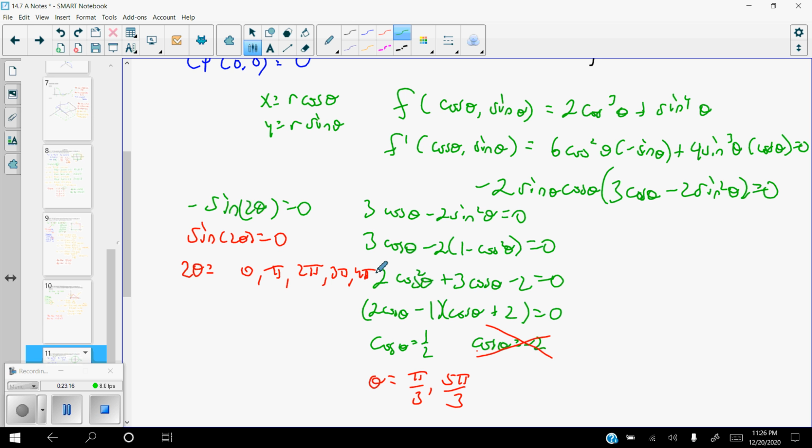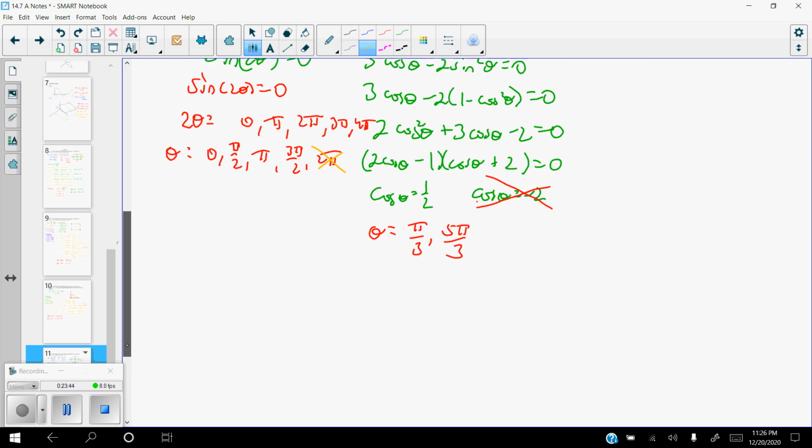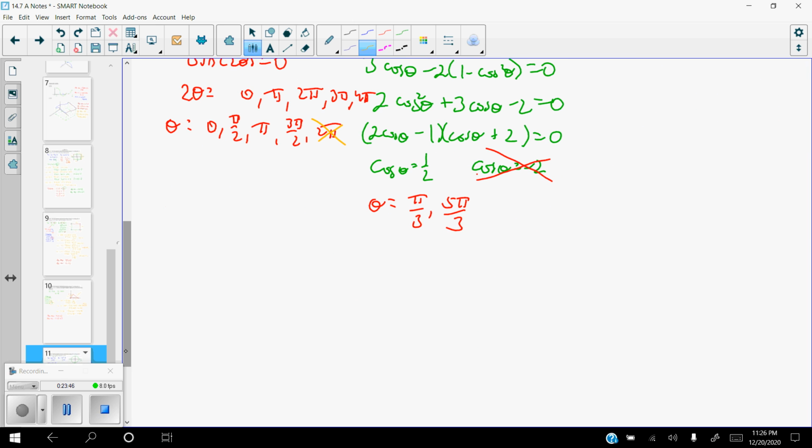Because now when I solve for theta, dividing everything by 2, you get 0, pi halves, pi, 3 pi halves, and 2 pi. The good thing is 2 pi and 0 are going to be the same. So when it comes to testing, I don't need to worry about that. It's not that it's not part of it, but it's right back around to where 0 was. But this tells me I have 6 different values around the border that I need to check for absolute max and absolute min.